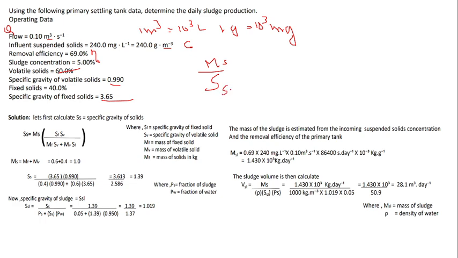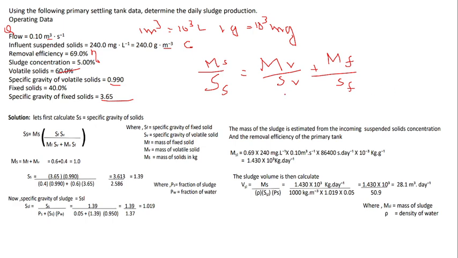That is divided by the specific gravity of the solid. Then we know that two types of solid are present here, the volatile and fixed solid. Just take the mass of the volatile solid, Mv, divided by the specific gravity of the volatile solid, plus the mass of the fixed solid, which is Mf, divided by the specific gravity of the fixed solid.